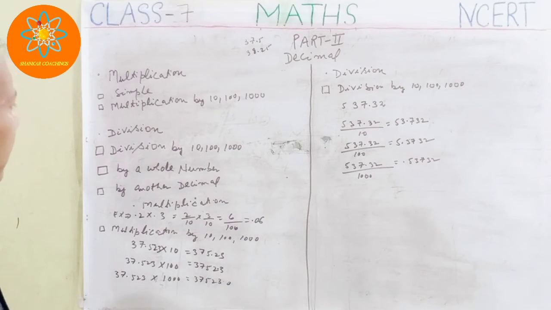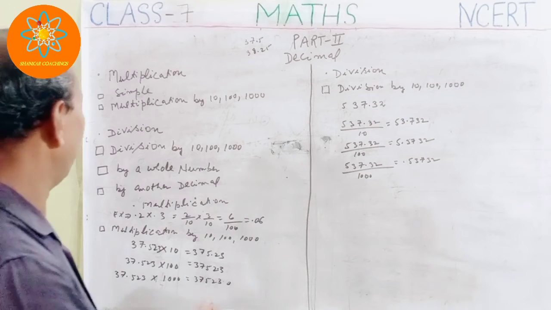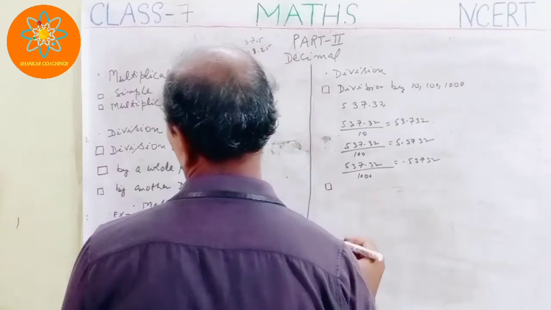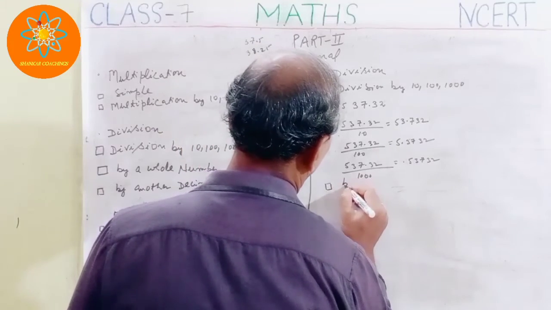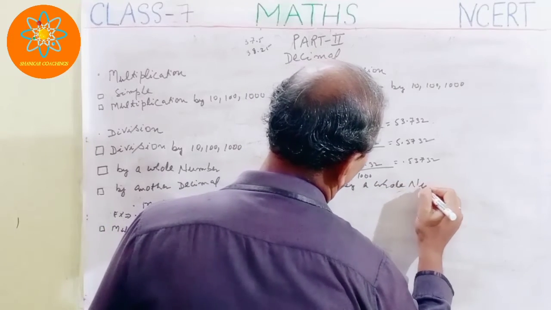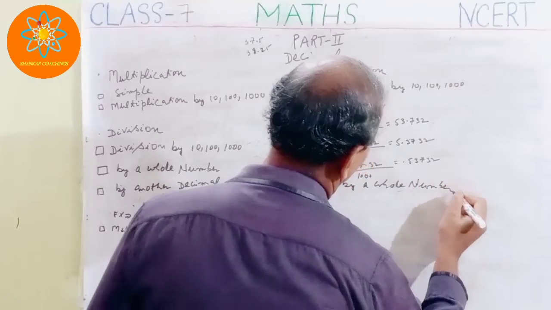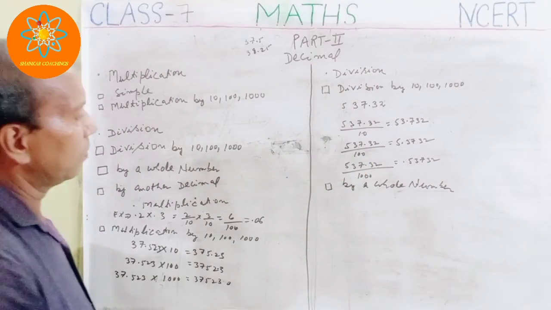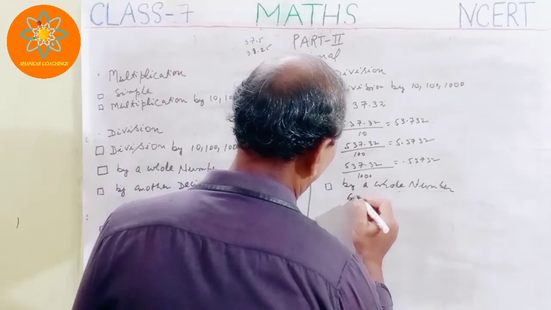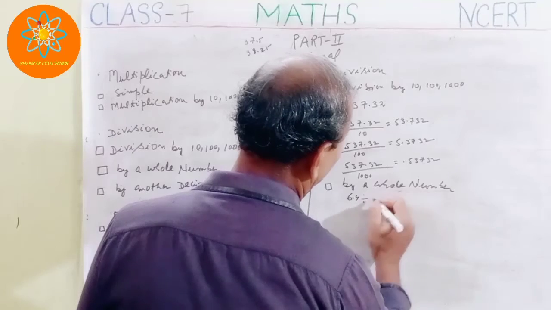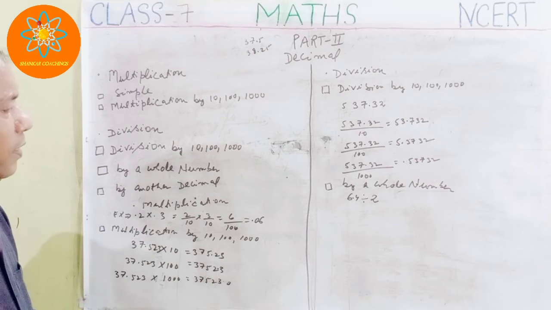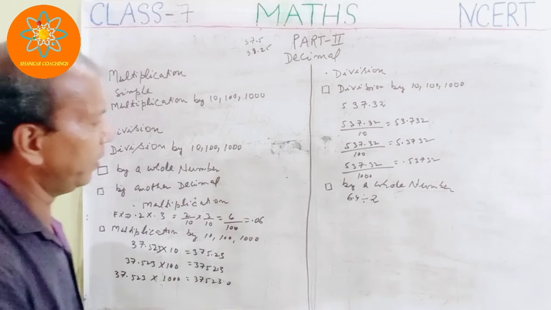Now we will see the second case, division by a whole number. Let's suppose any number, 6.4, is given and I divide it by a whole number, let's suppose 2. So how to divide it?